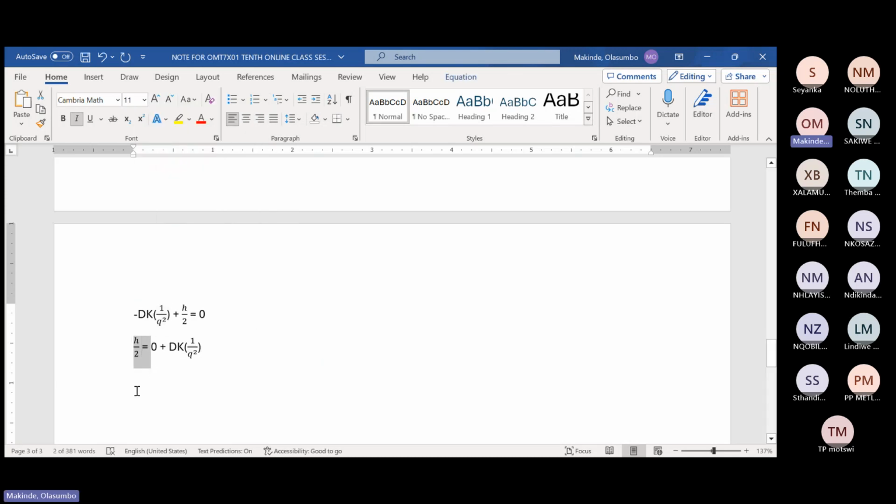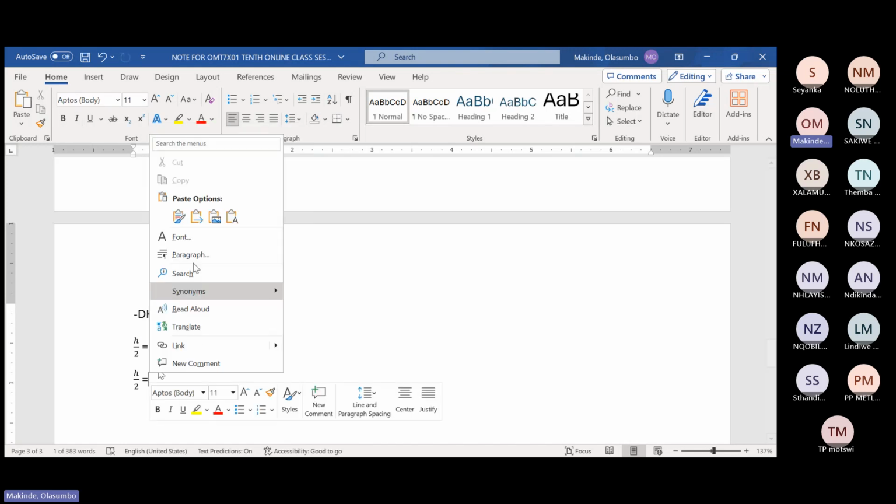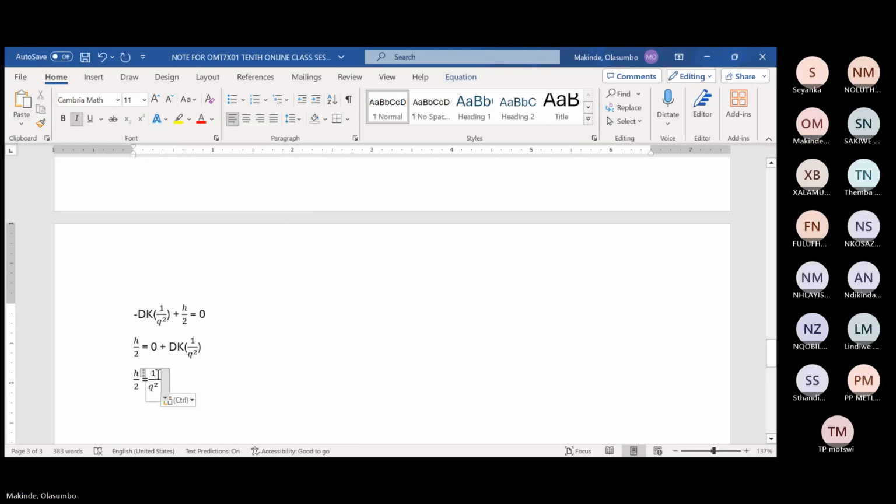equal to, let me just write this as dk over q squared, so that it's easy to cross multiply. Dk over q squared, then you can cross multiply from here. Because we want to make q the subject of the formula, you know how we do this simple mathematics.